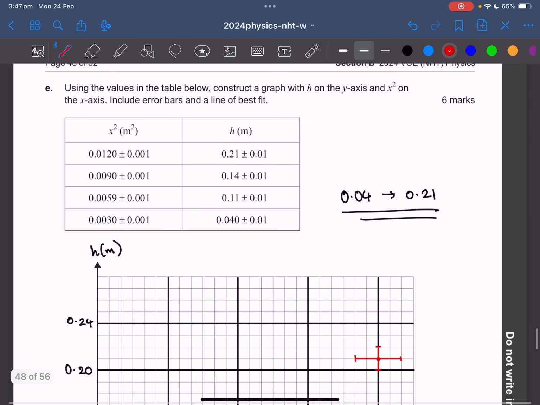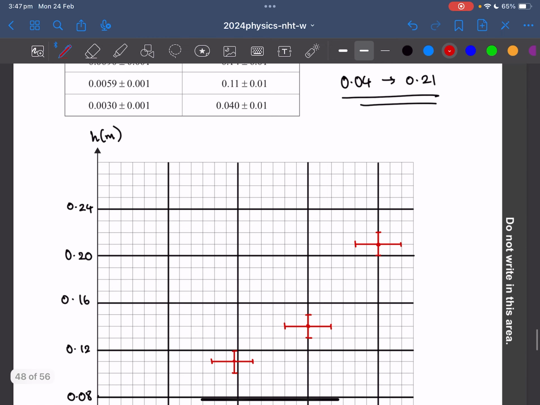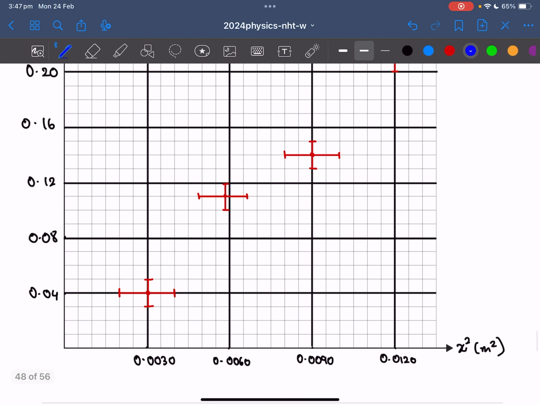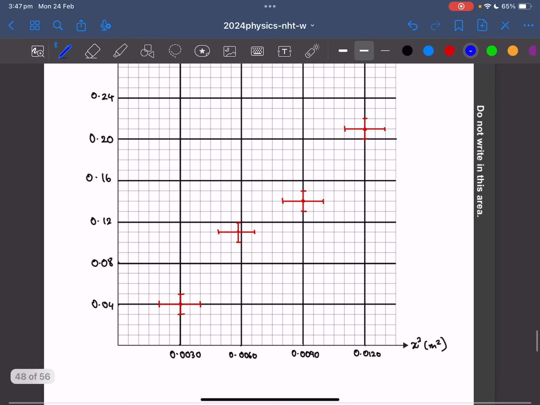And now we have to draw a line of best fit. Okay, cool. So I guess we can go like that. Something like that would do, right? Okay.